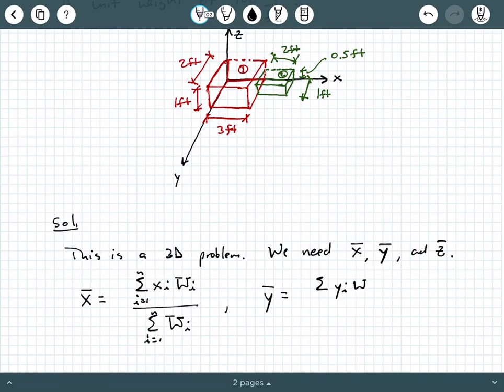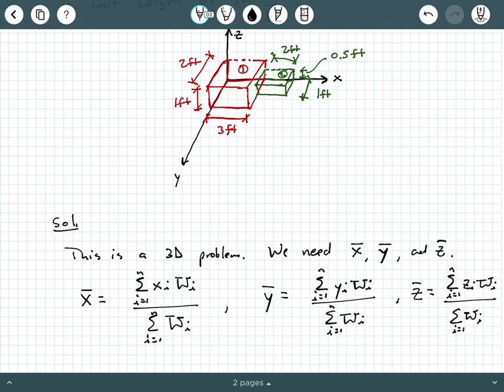Then y bar is the sum of y sub i, w sub i, as i goes from 1 to n, divided by the sum of w sub i. And then z bar, since we've got a z bar this time, is the summation of z sub i, w sub i, all divided by the summation of w sub i.